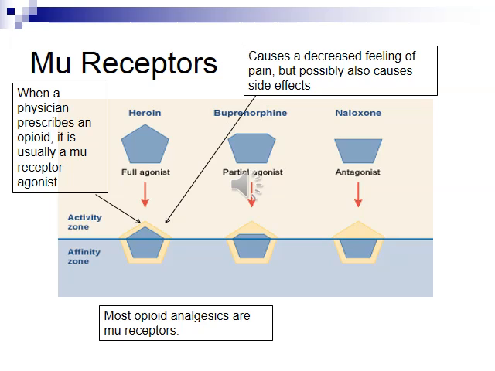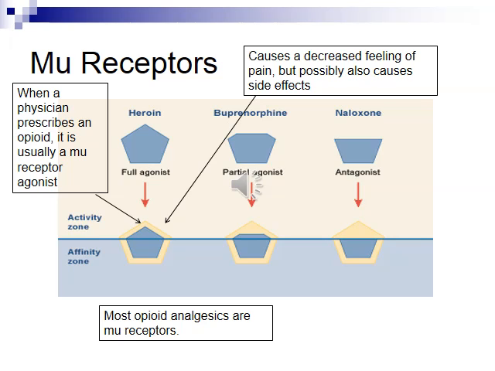Now if you look at the first one, you have the activity zone and the affinity zone. So when you look at a full agonist, now in the picture they're referring to heroin. Obviously heroin's not going to be a prescribed drug, but you could replace that with any other prescription opioid that's going to be a full agonist.